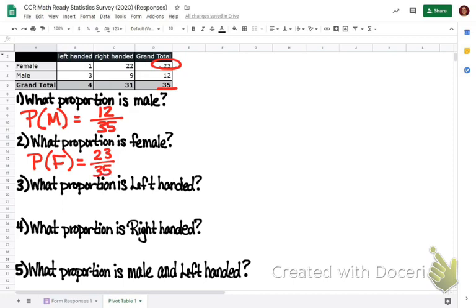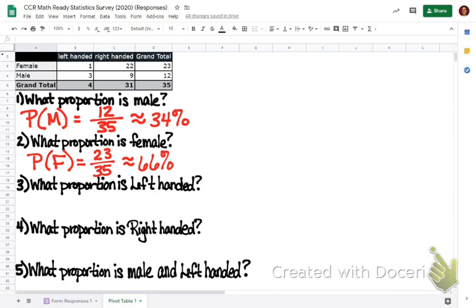Now with either one of these, males or females, I can convert those into percents instead of leaving them as fractions or proportions. So for the males, 12 out of 35, that is roughly 34% of the people that responded to the survey. And for females, 23 out of 35 is approximately 66%.